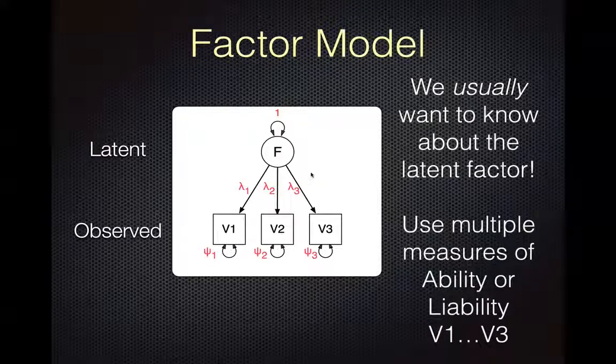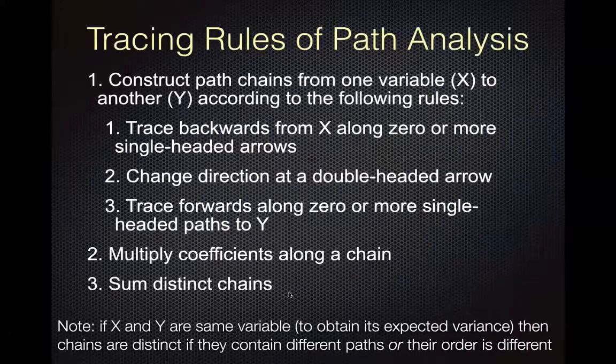And the factor model is just one example of a type of structural equation model that involves both latent variables and observed variables. Okay. So the two kind of cool things about structural equation modeling is there's a couple of ways to derive all the expected covariances between the variables in the diagram.